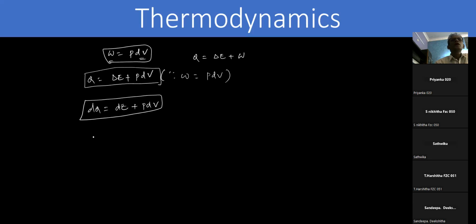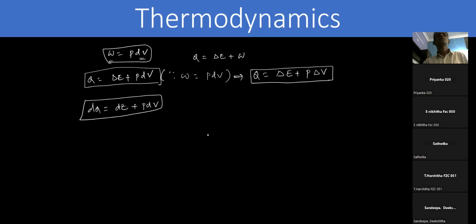Or also we can write Q equals delta E plus, for dV, we can also write P delta V. It is another expression. However you express it, that is correct. Either you express it by this equation or by this equation, it is okay. By any way, it is correct.